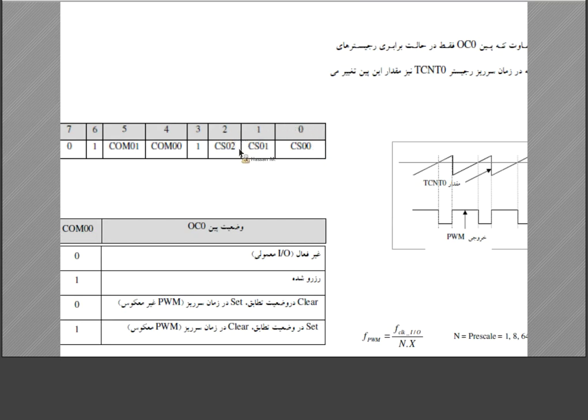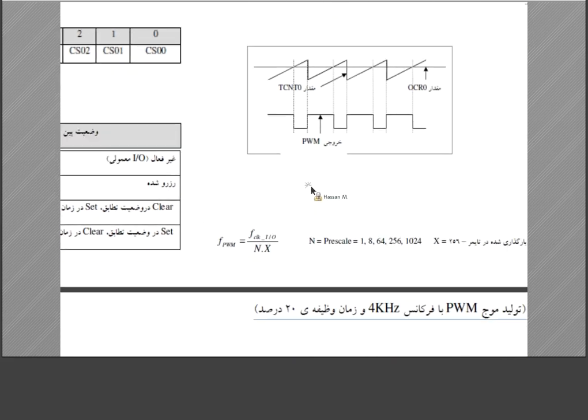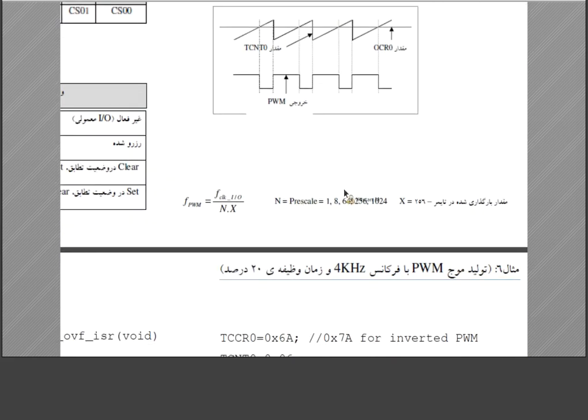Clock select: for example, 000 means the timer is stopped. 001 clock speed is the clock cycle, the microcontroller clock cycle, or pre-scale is 1. 010 means clock cycle divided by 8. 011 clock cycle divided by 64, etc. This is the pre-scale: 1, 8, 64, 256, and 1024. That's right.